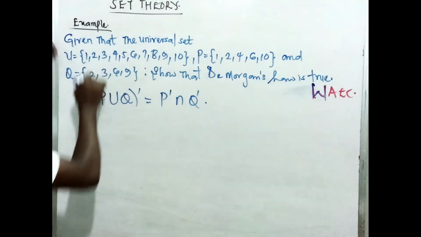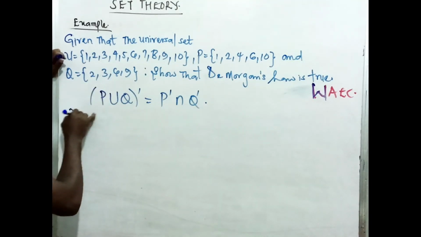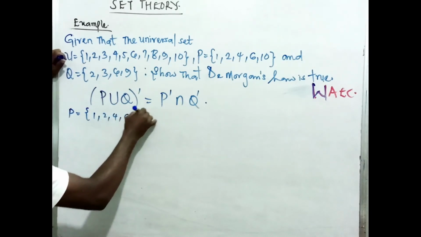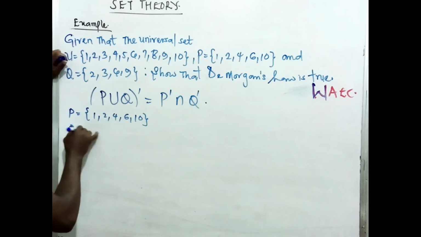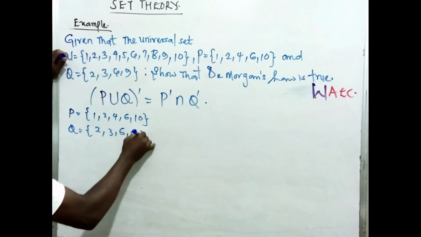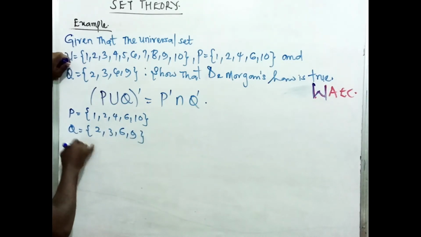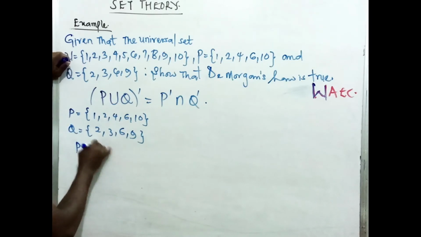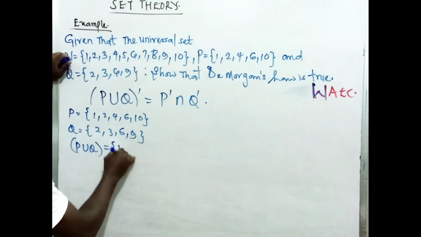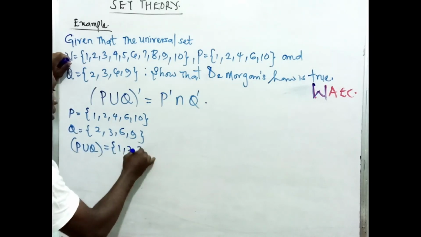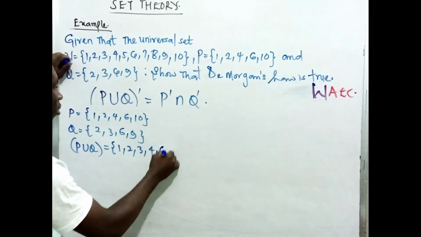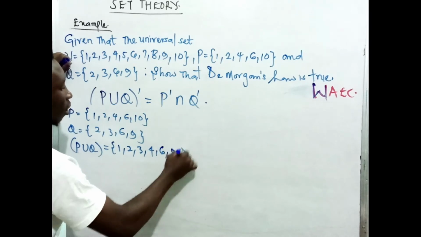Now, from this particular expression, we have that P is equal to 1, 2, 4, 6, and 10. I also have that Q is equal to 2, 3, 6, and 9. Therefore, P union Q becomes 1, 2, 3, 4, 6, 9, 10.